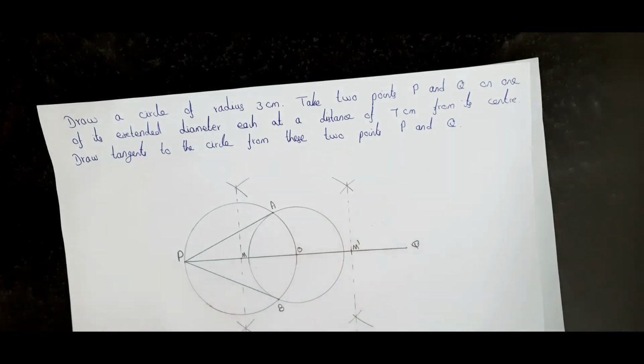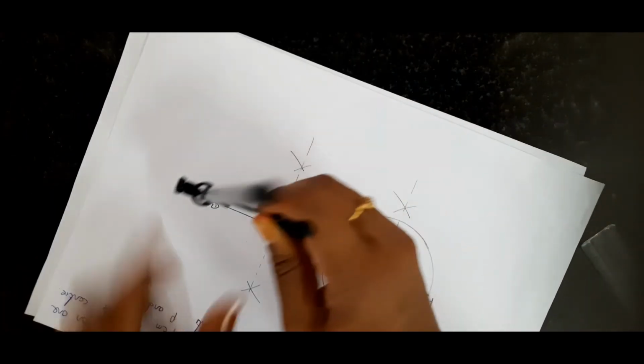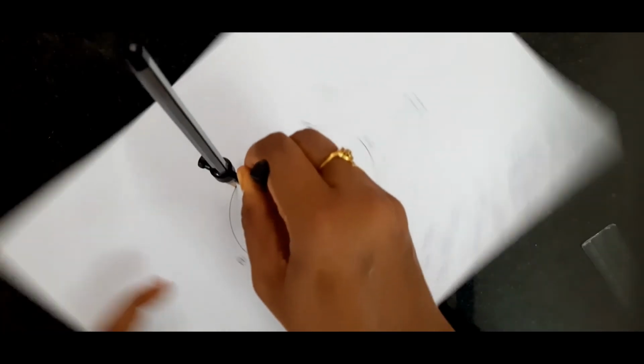So now M dash is the center and M dash Q is the radius. We need to draw another circle.